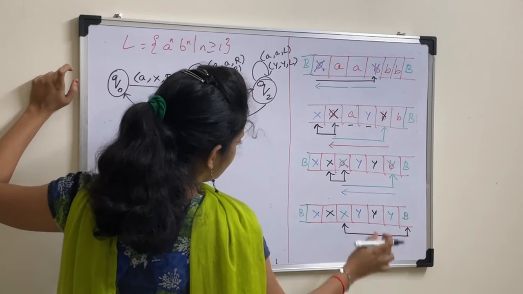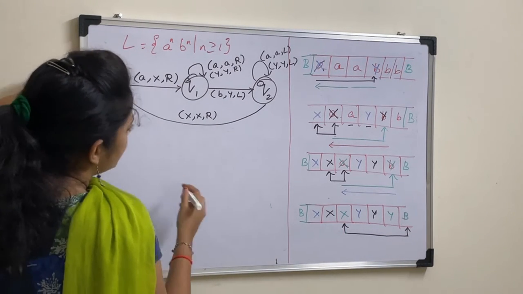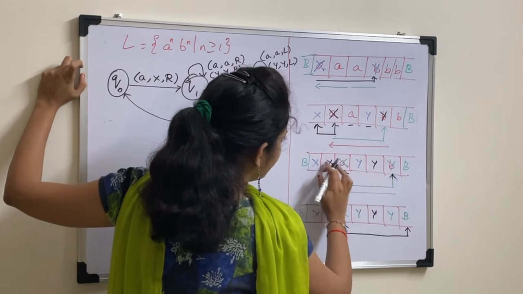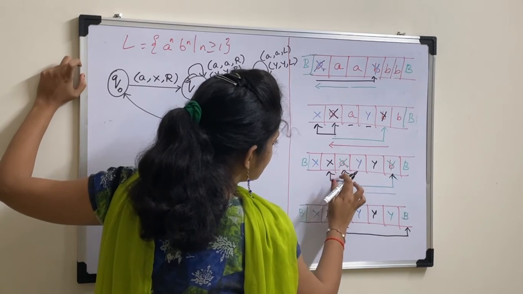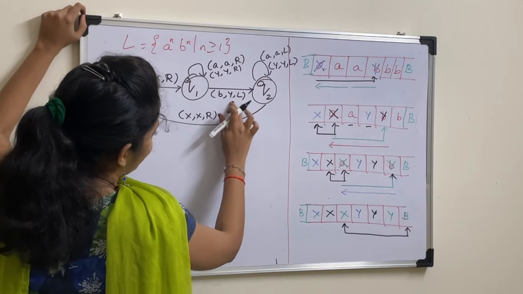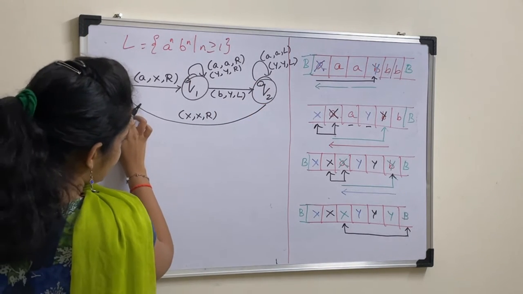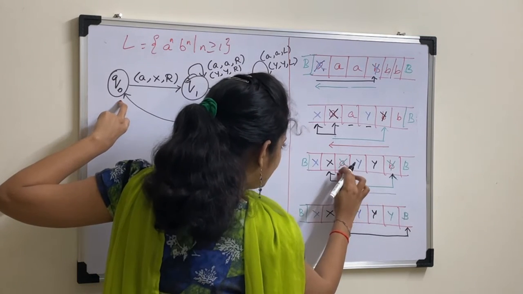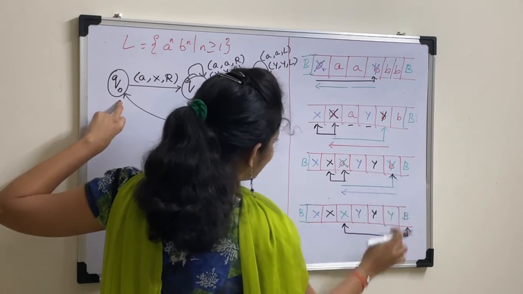After filling all the input symbols A and B with X and Y, this is the last representation, right? Suppose we reach this Y and the tape is already filled. Now you need to move back until we reach this last X. After writing the third B with Y, you need to move back until this last X, keep that X as it is, and move towards the right side until you get the blank space.